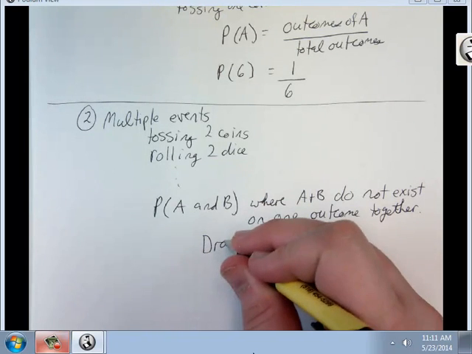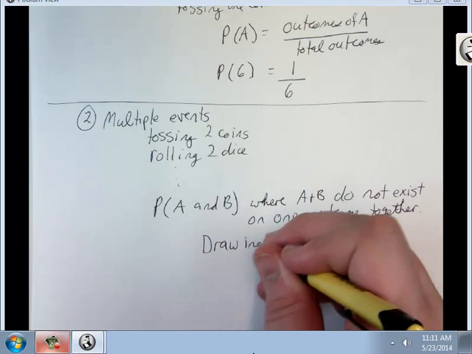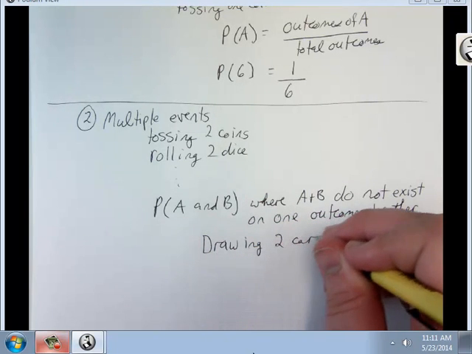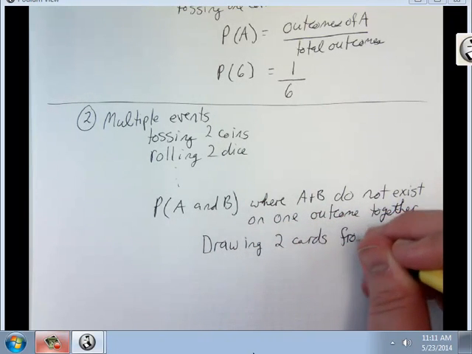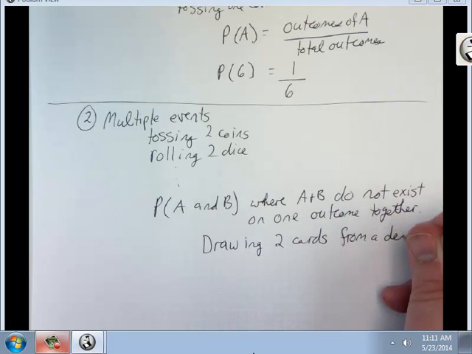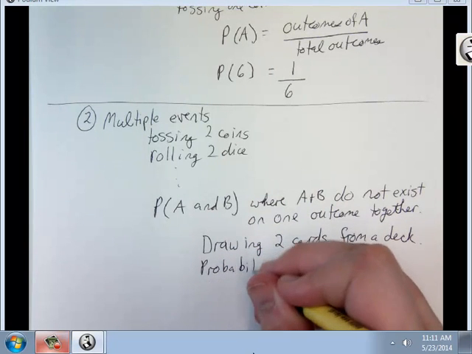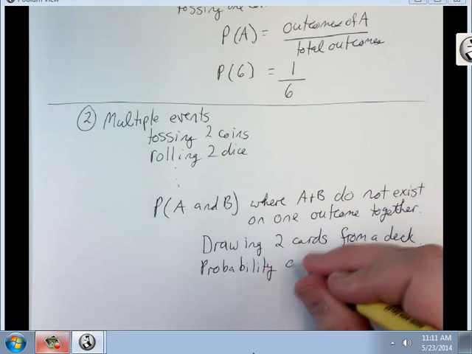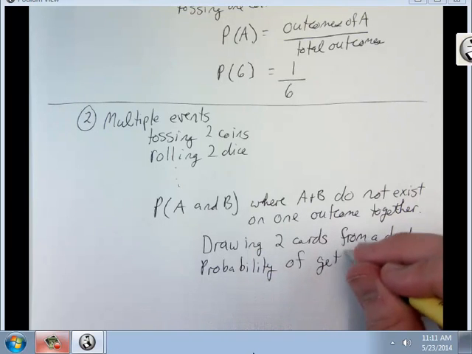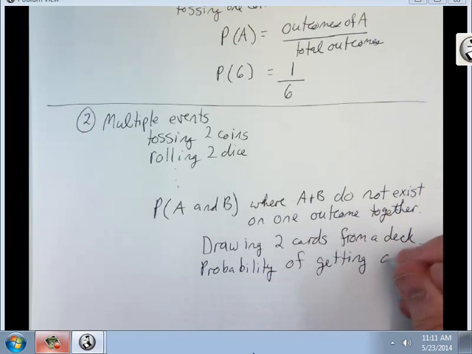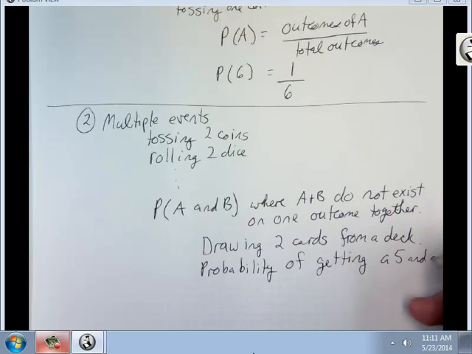The easiest way to think of this is drawing 2 cards from a deck. Probability of getting a 5 and a king.